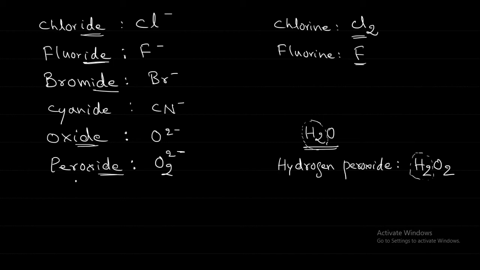Okay. Similarly, there are some organic cations and anions. So here we will see some organic anions like acetate. Organic means what?